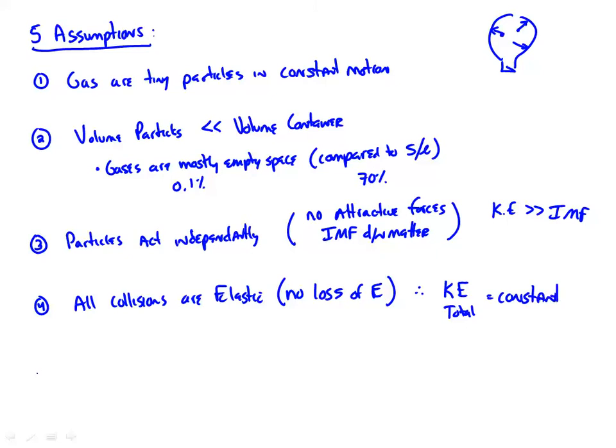And then the last one is that we can describe the average kinetic energy as being proportional to the temperature. One of the things that I fudge, especially in my other classes, is I always tell people that temperature and energy are the same thing, that the higher the temperature, the more energy you have. And that's true, but they're not really the same thing. What temperature is describing is the average kinetic energy.